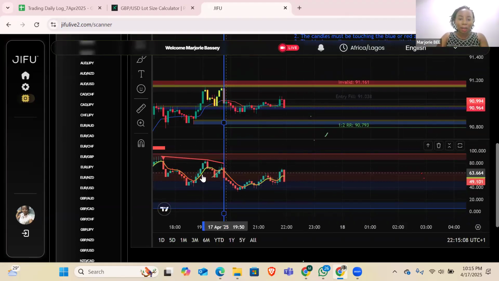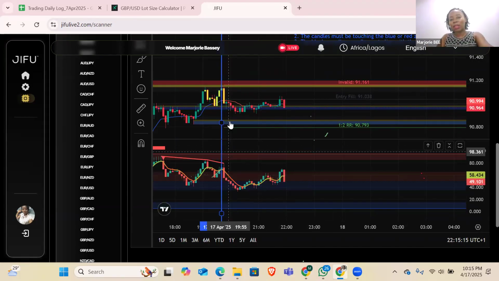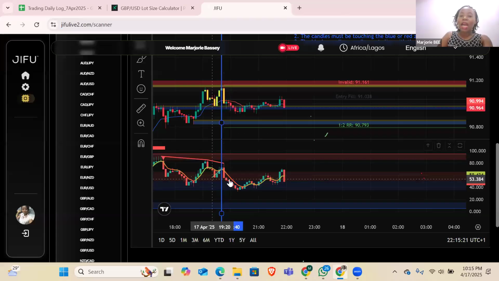This is the RSI zone, and this is the yellow candle. The yellow candle is in the red zone above, and the candle here in the RSI zone is in the red zone. So once you see this, it's your third confirmation that this trade is aligned for a sell.